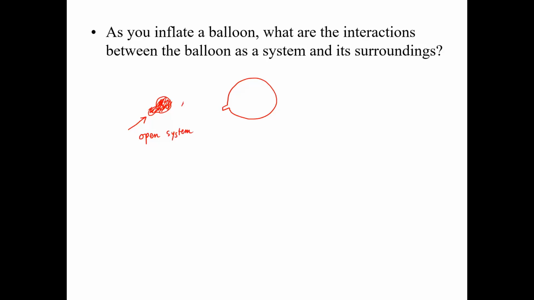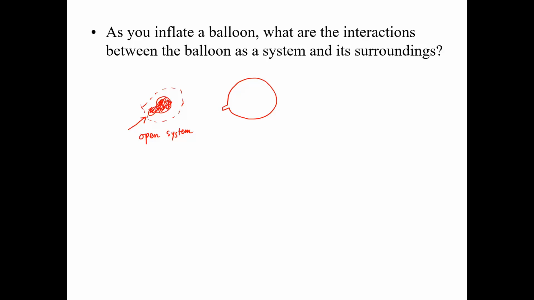Because if you treat the balloon as your system, then there is mass transfer across the boundary of your system. Air is continuously pumped into your system. So there exists mass transfer across the boundary of your system.